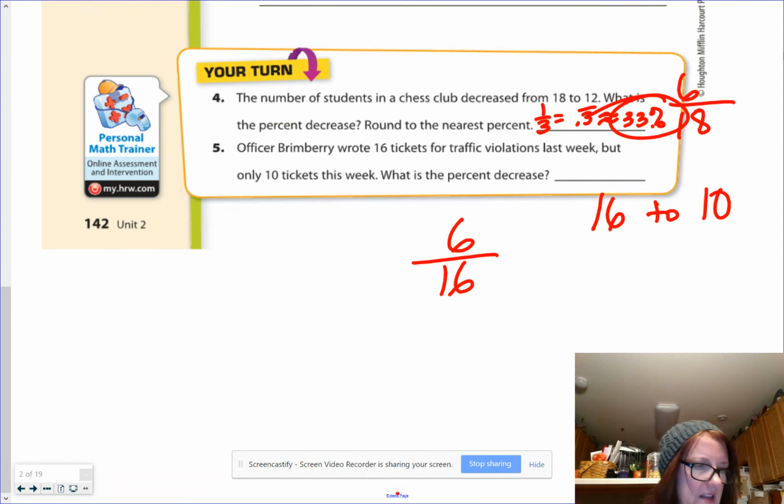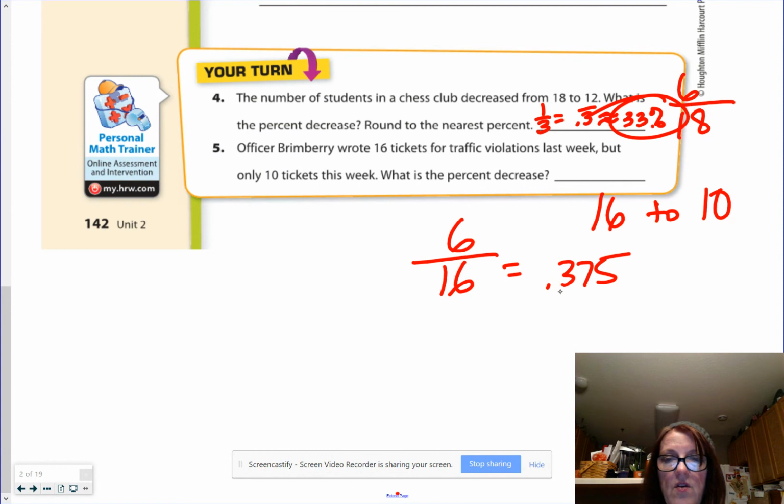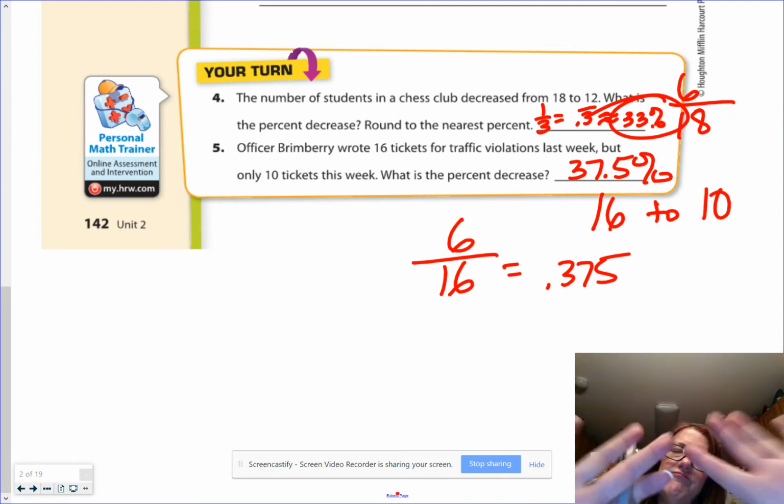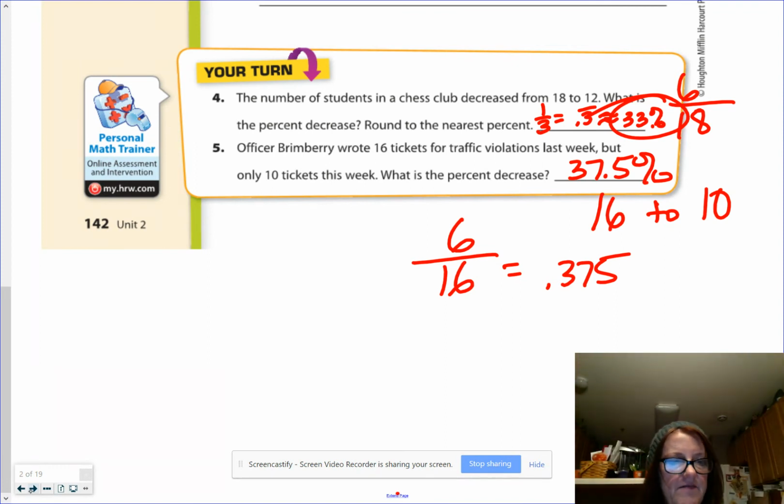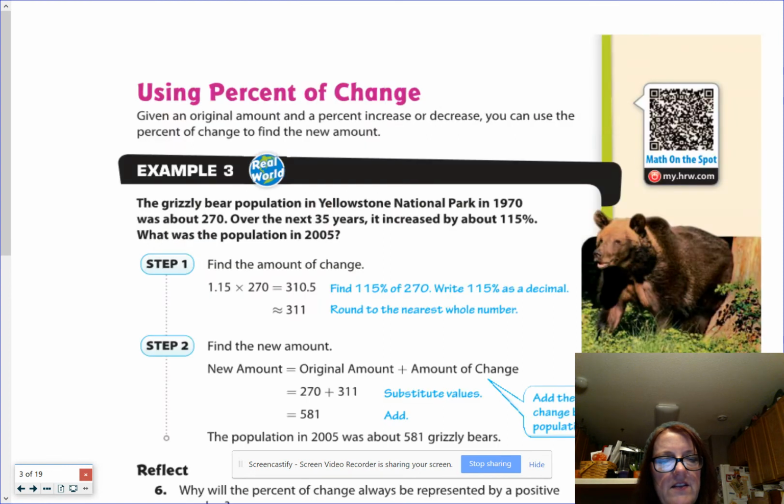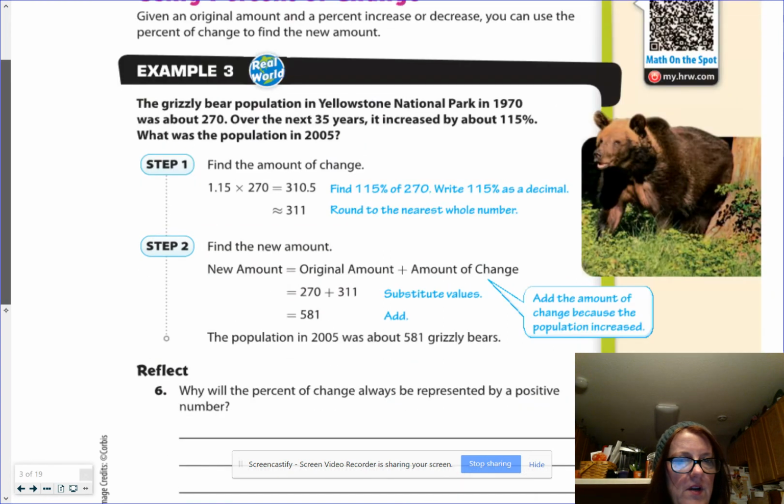And this one, I believe, as a decimal, you get 0.375. Now, notice this one just said what's the percent that it decreased. It didn't say anything about rounding. So, move it 2 spots, you get 37.5 percent. Just leave it like that.